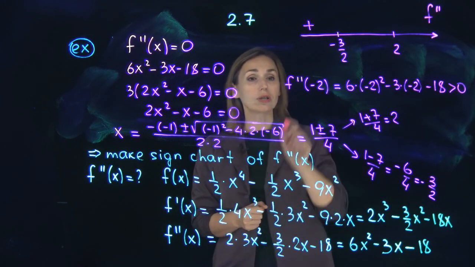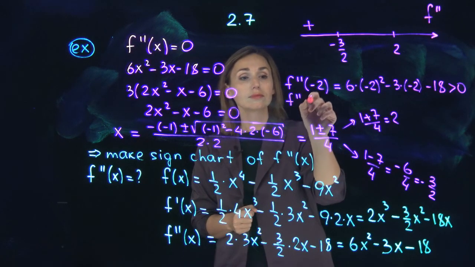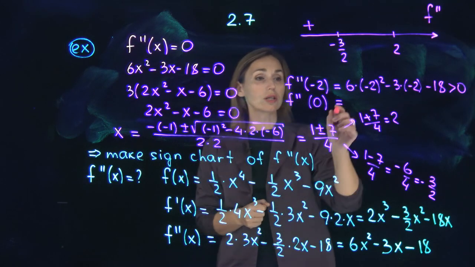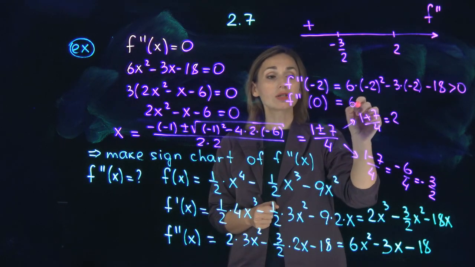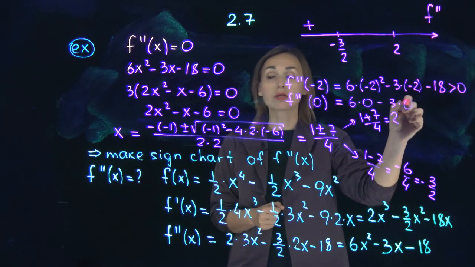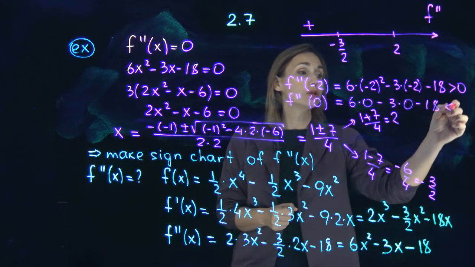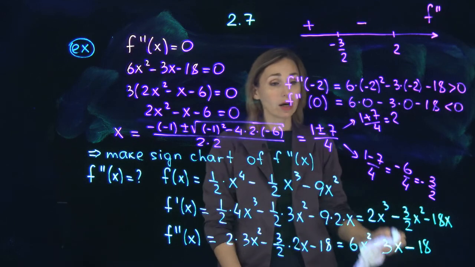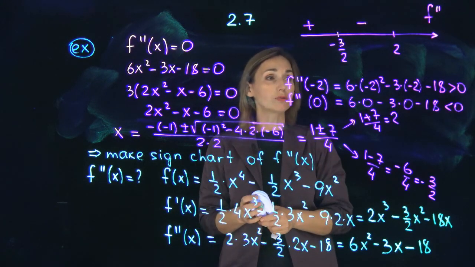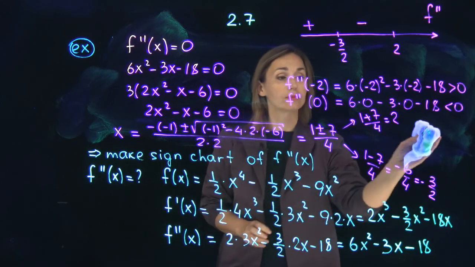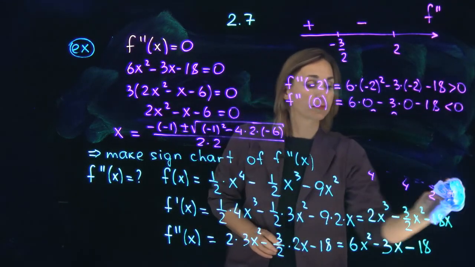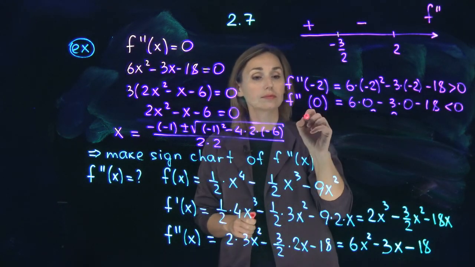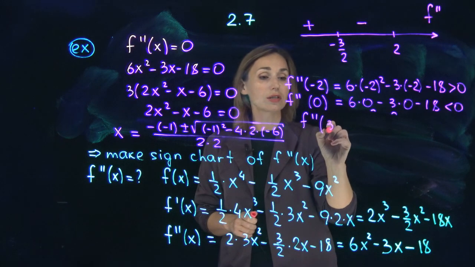Now let's talk about checking point 0. If I plug 0 into the second derivative, I get 6 times 0 minus 3 times 0 minus 18. That is for sure negative. So here I have a negative sign. Now let's do a checking point for the interval to the right of 2, let's say the point 3.